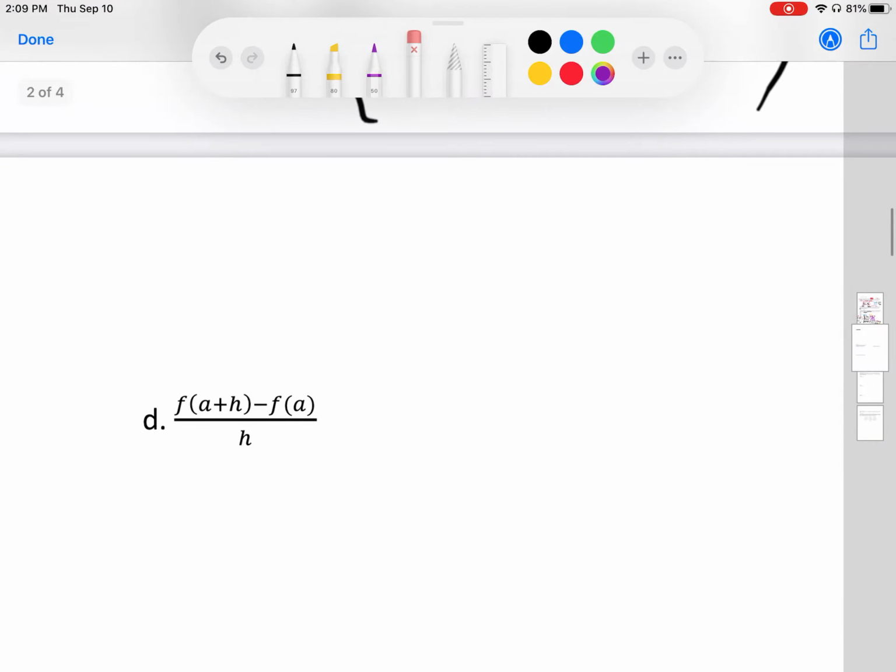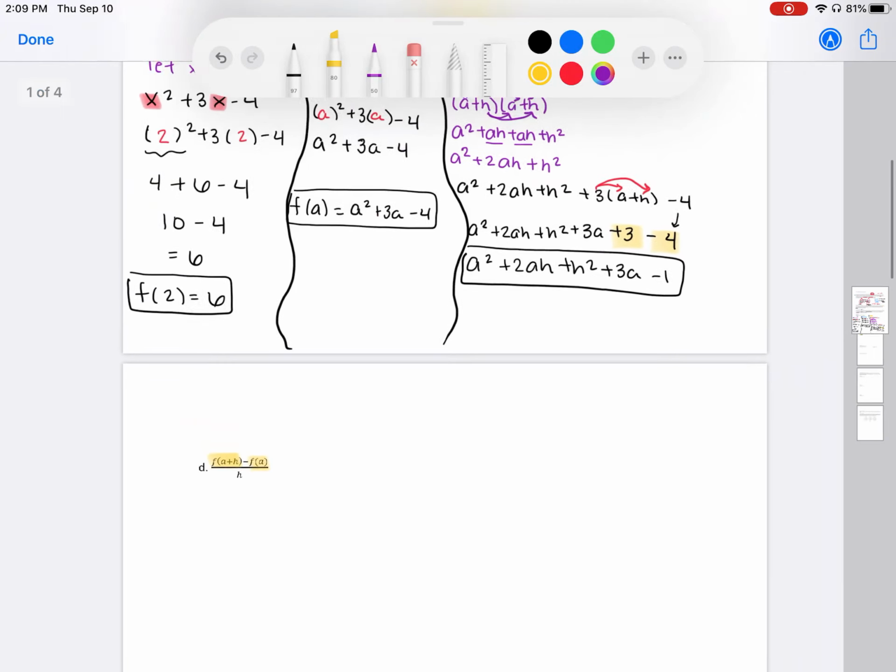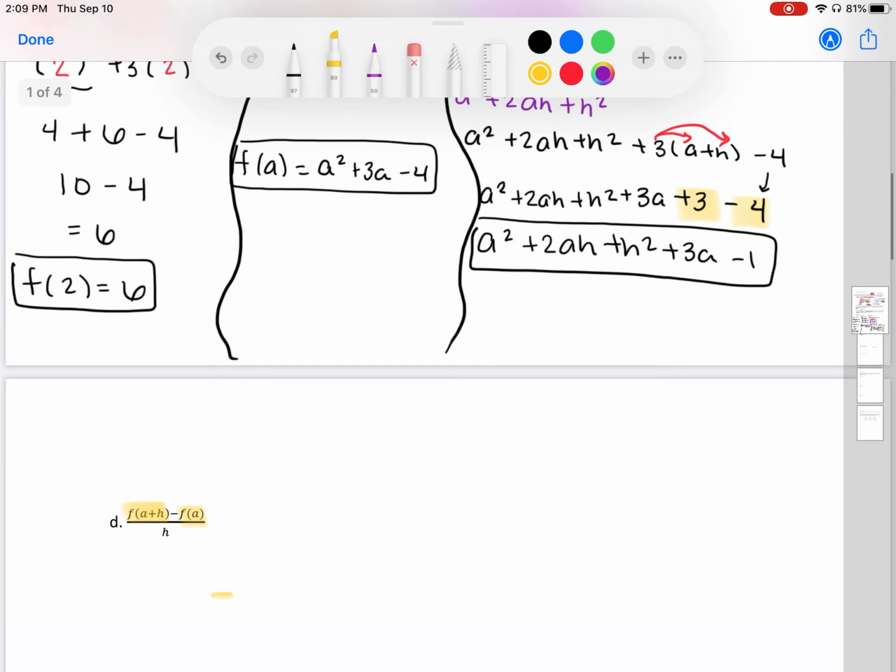We have a plus h done, and we have f of a. So let's go ahead and plug those in. F of a, what is that equal to? And we also have f of a plus h, which is all of this. So let's go ahead and write those down.